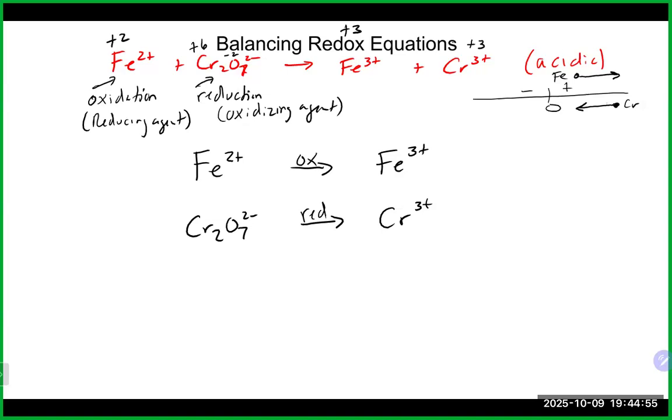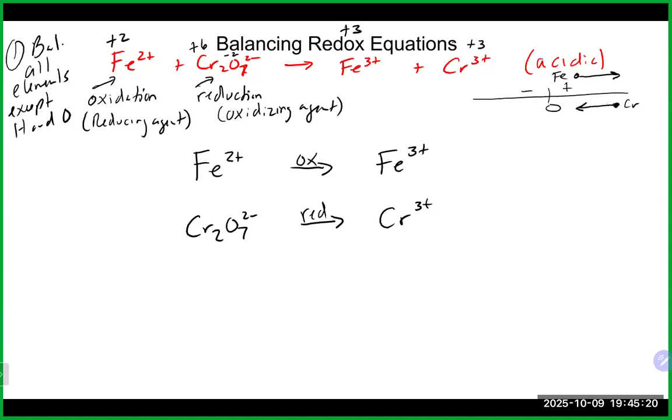All right, so now that we split it off, we're ready to start the balancing. The first thing we want to do is balance all elements except hydrogen and oxygen. And how do we balance all the elements except for hydrogen and oxygen? We balance them just like a normal equation. We put a coefficient.